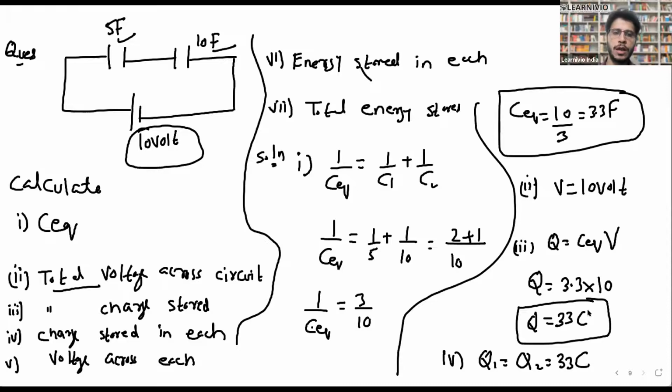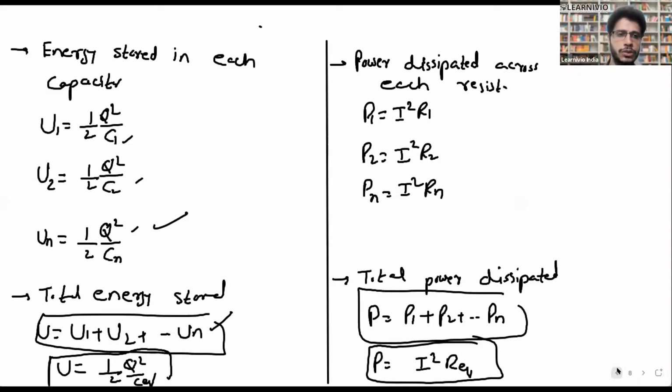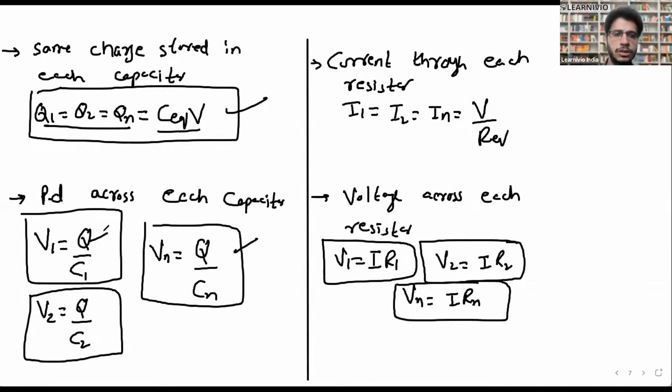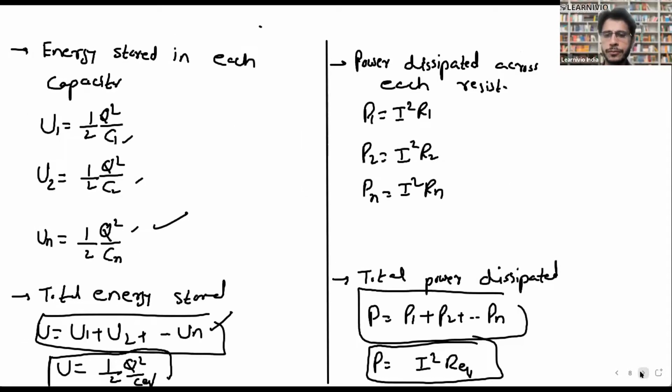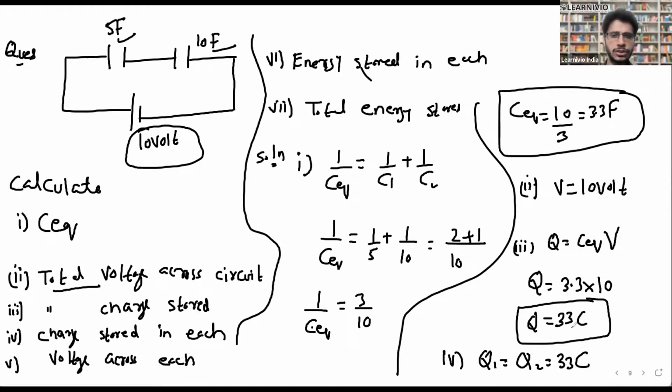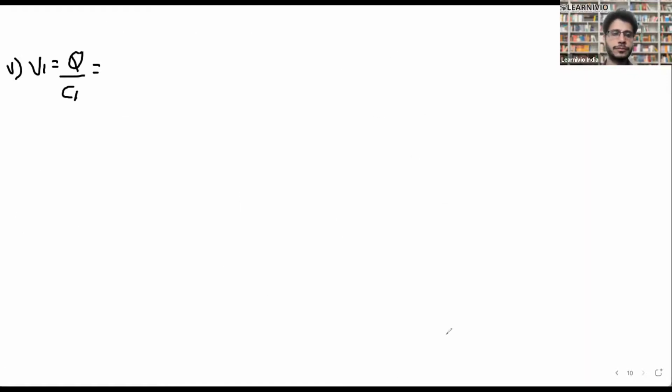Okay. See the next 5th part, voltage across each capacitor. So to calculate voltage across each capacitor, we'll be using this relation: charge stored in capacitor divided by capacity. So I can write V1 as total charge divided by C1. So what is the total charge? Total charge is this 33, divided by C1.